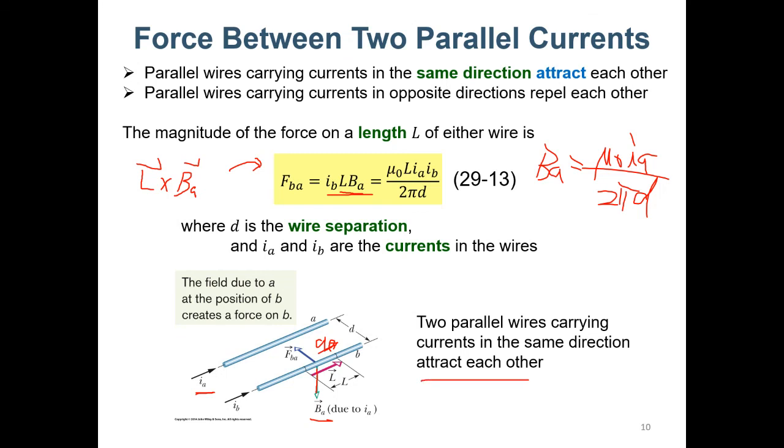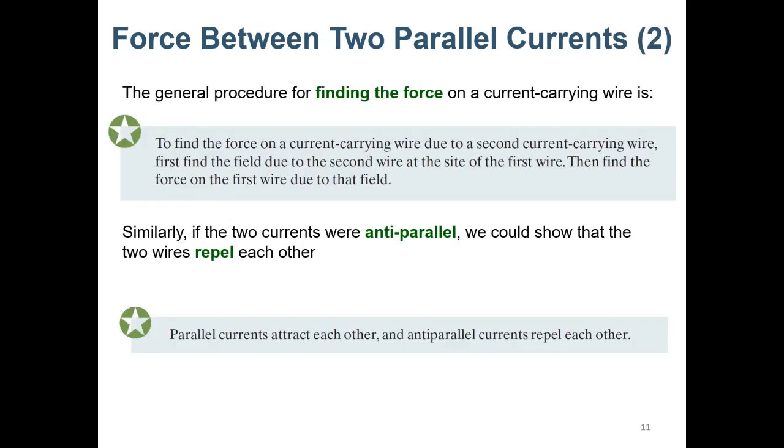Suppose two parallel wires carry current in the same direction, then they will attract each other. Any questions? And the magnitude of this force, you can use this equation to calculate it.